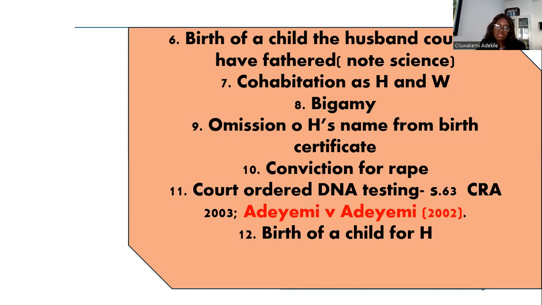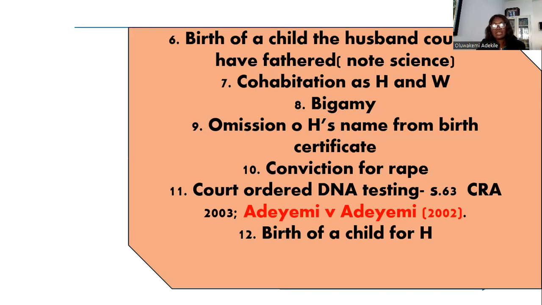There would be a likelihood of a presumption that she has committed adultery. But like I noted earlier, we know that in this age of advances in science about assisted reproduction, there could be other explanations.